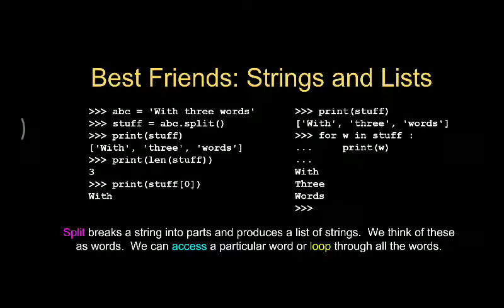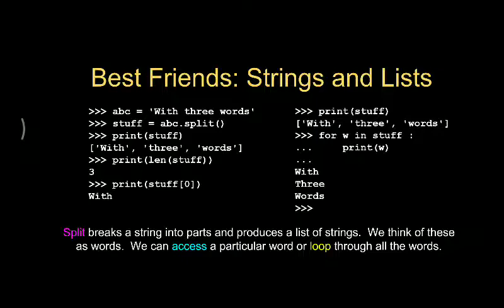Print length of stuff will give you the total number of elements. Print stuff of 0 will give you the first element from the list. This is how we can separate the words from the entire sentence. That is what we said, strings and lists are the best friends.